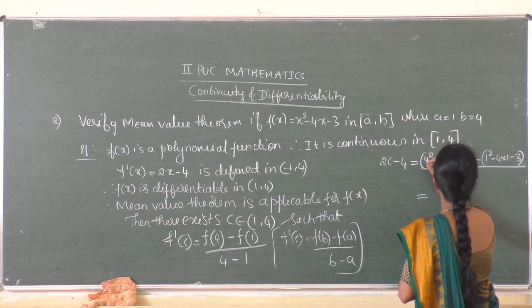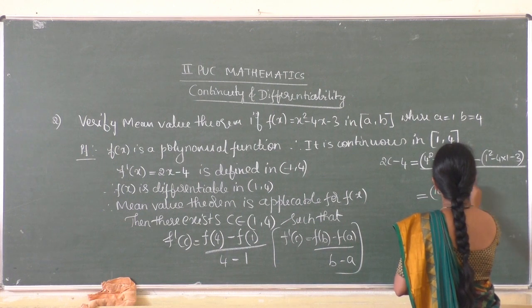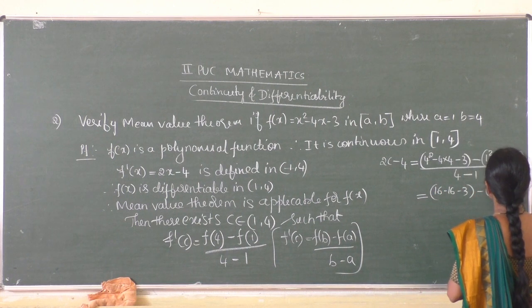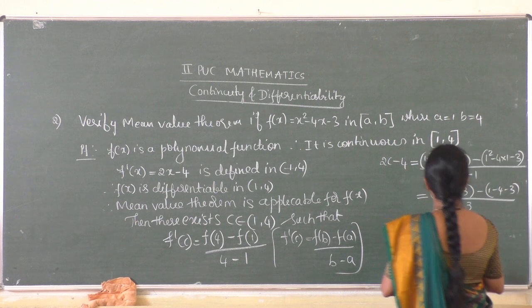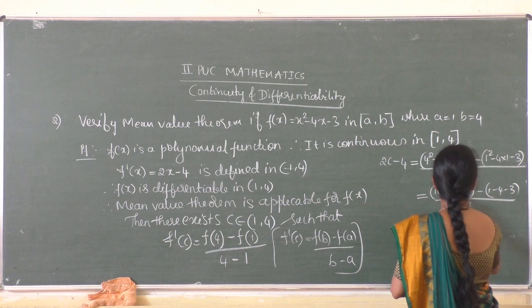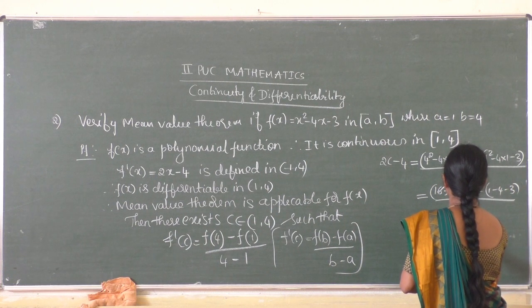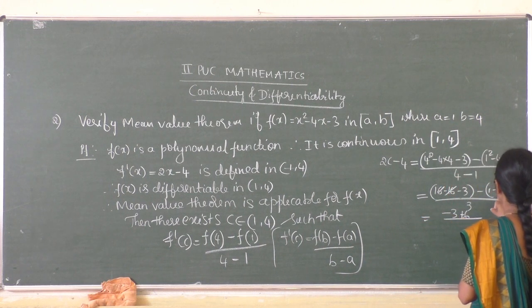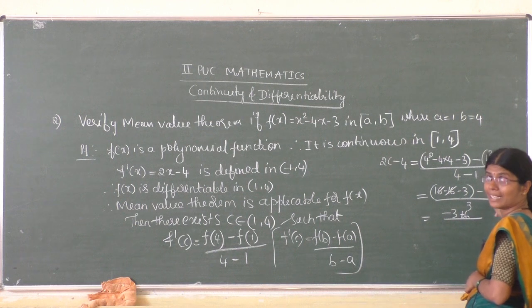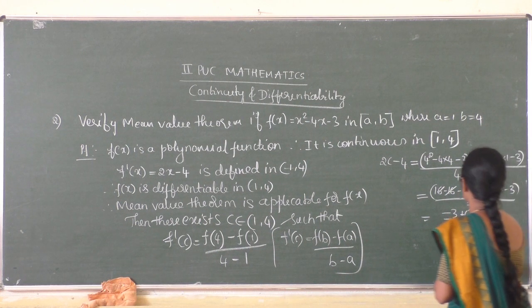So here 16 minus 16 minus 3, minus 1 minus 4 minus 3, divided by 3. So we have minus 3 minus of minus 6, that is plus 6 by 3.